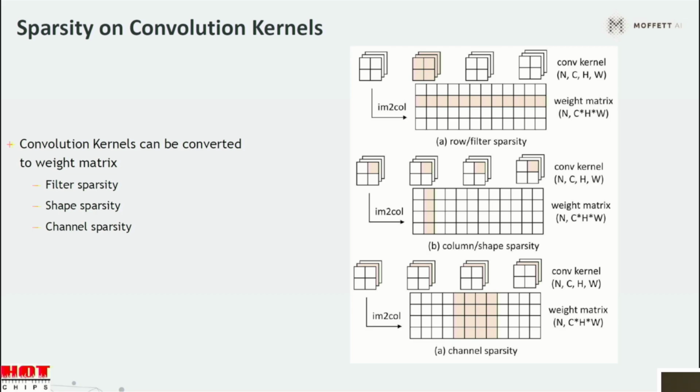Then there's channel sparsity for convolution, where after the image-to-column, a bunch of columns in the weight matrix can be gotten rid of. So there are three different sparsities for convolution kernels, and it all ends up as sparsity for matrix multiplication.